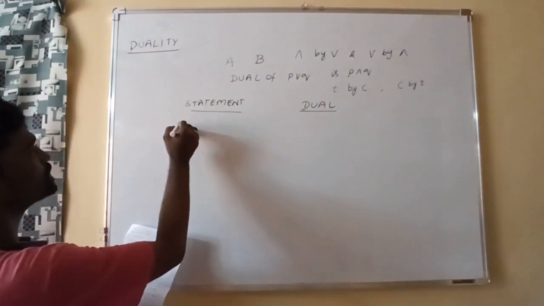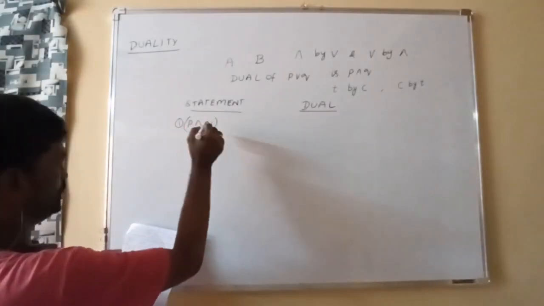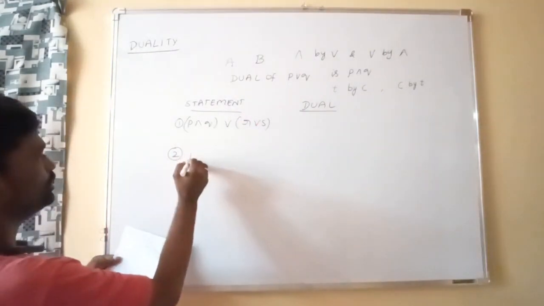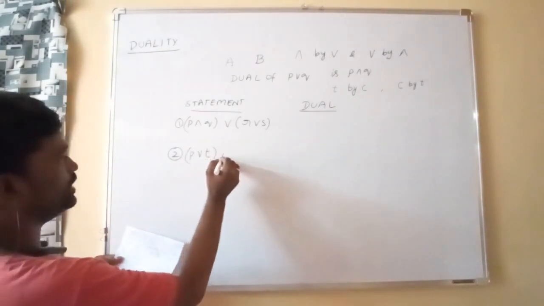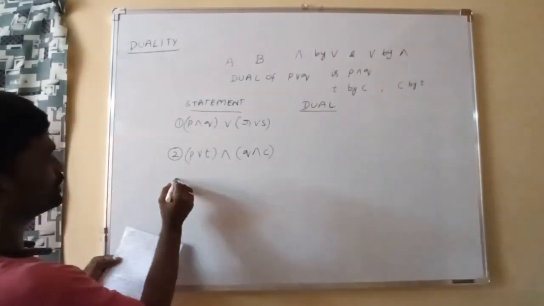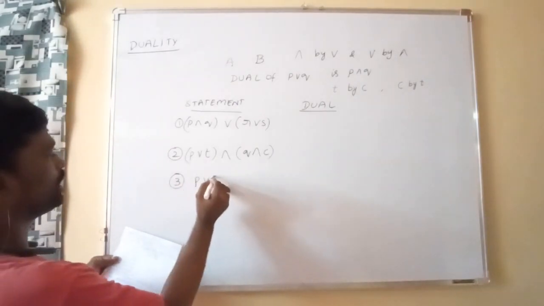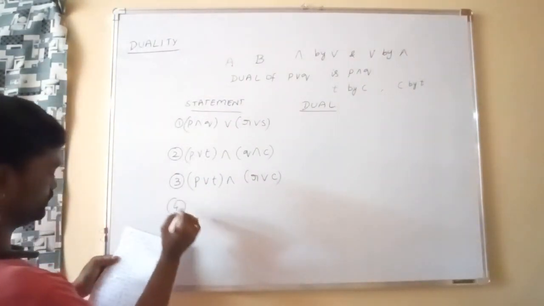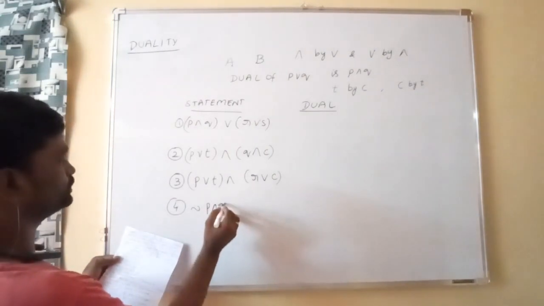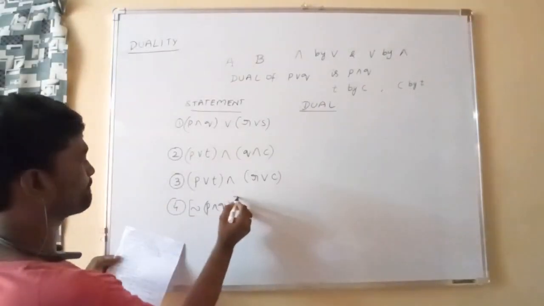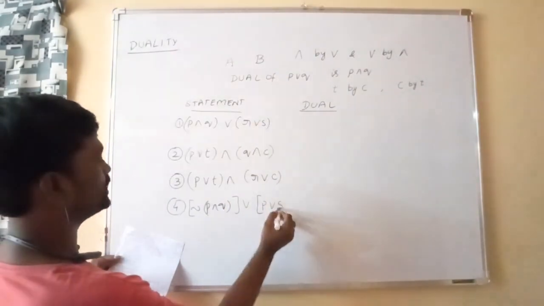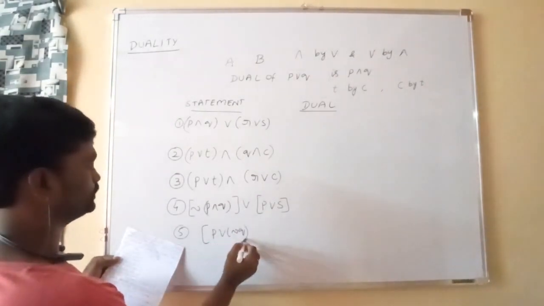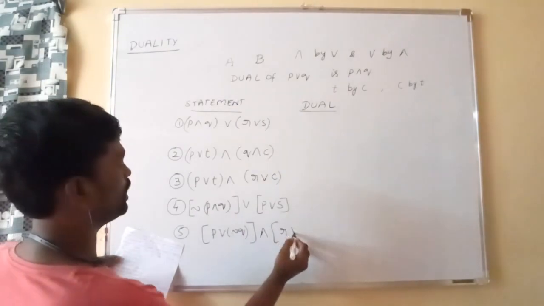The first problem was P and Q or S. The second problem was P or T and Q and C. Third problem, P or T and R or C. The fourth one, negation of P and Q or P or S. The last one, P or negation Q and R or negation S.